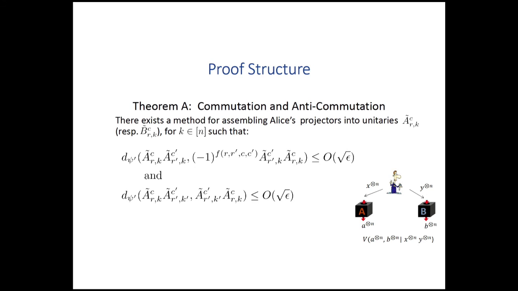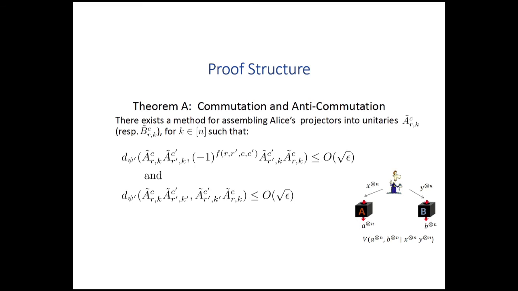In the observables, C and R represent the row and column indices. R is an input for Alice; she's told a row. C is an input for Bob. And K denotes the round, so K goes from 1 to n. There are n rounds in the parallel repeated magic square game. This statement is saying that if you look at any fixed round K, Alice's observables have to obey some anti-commutation relations.